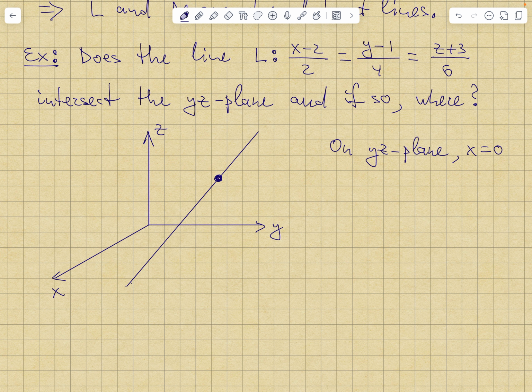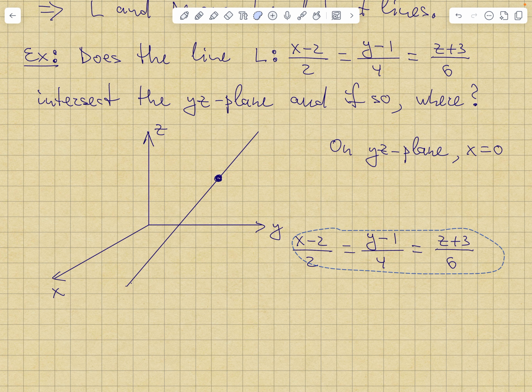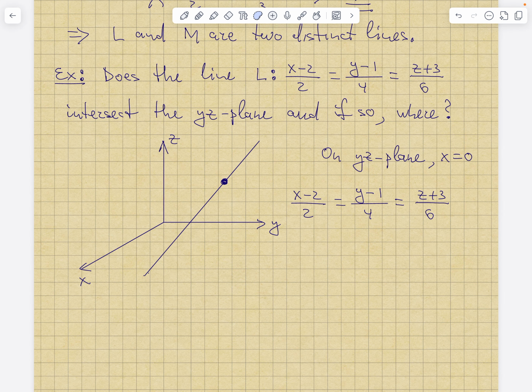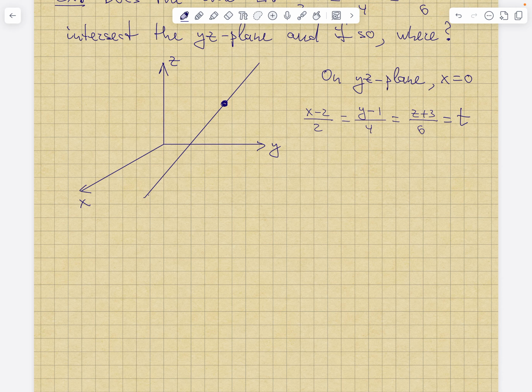So if I want to have a particle, then I need to have a parametric equation. So I'm going to set all of this stuff equal to t, as we discussed before. That will give me now a parametric equation if I solve this for x, y, and z.